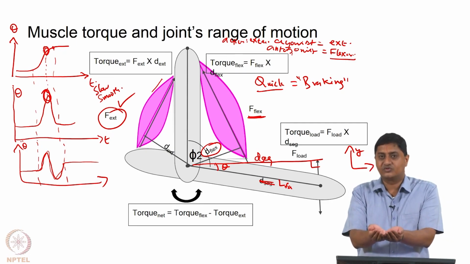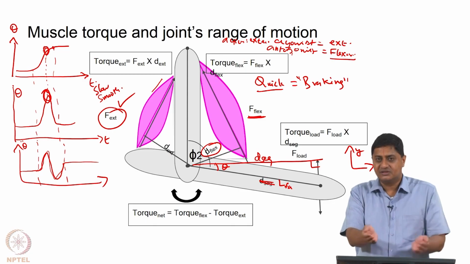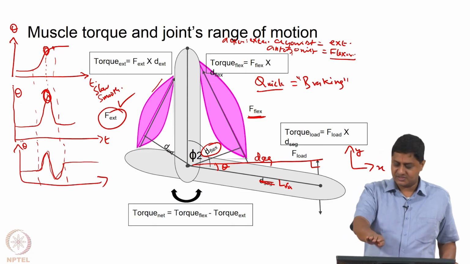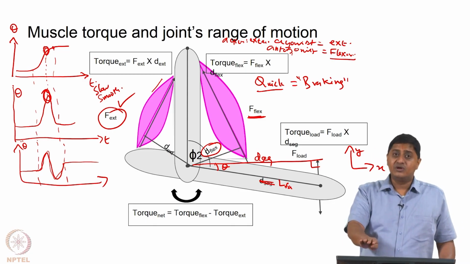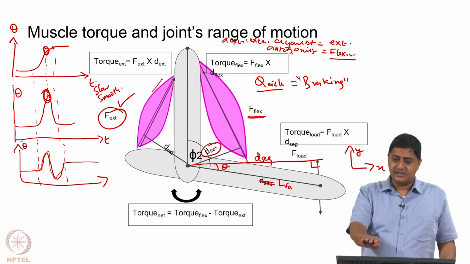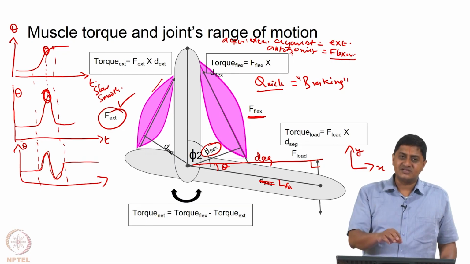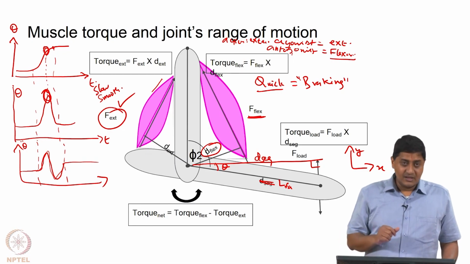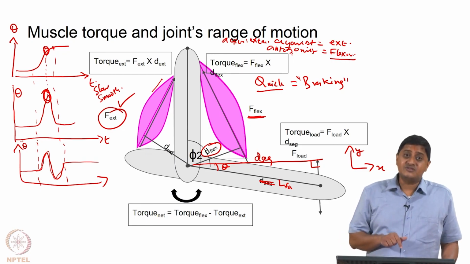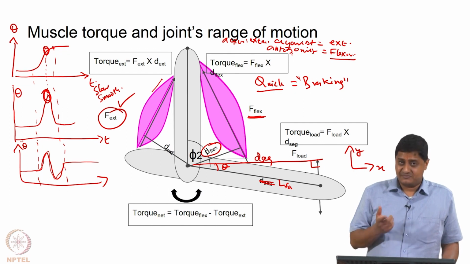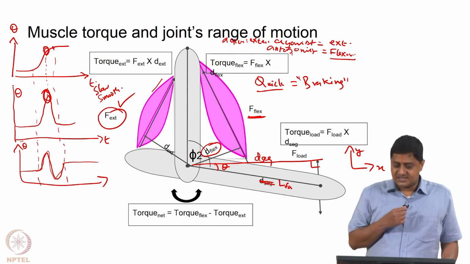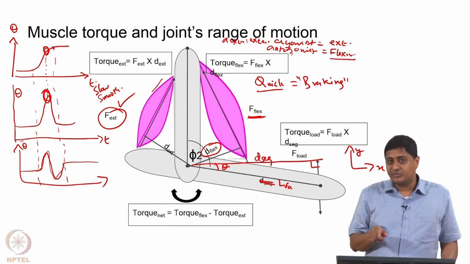Now, here I can hold soup, this is called supination, the other one is pronation. So, this is pronation. If you would like to supinate, there are two muscles that are responsible for this, one is called the supinator muscle, the other is called biceps. But biceps is also responsible for flexion.